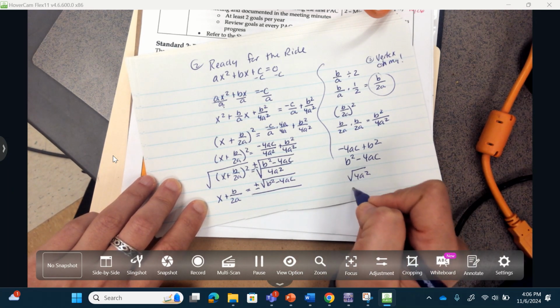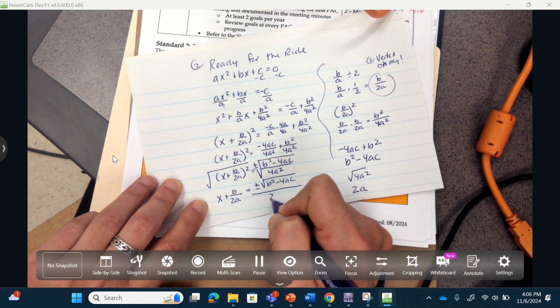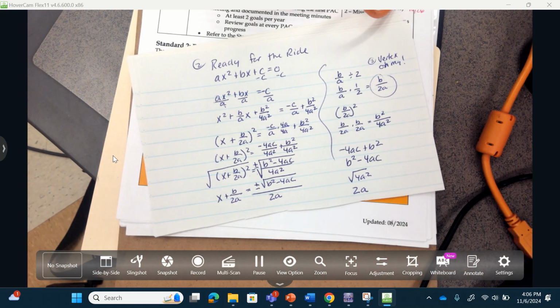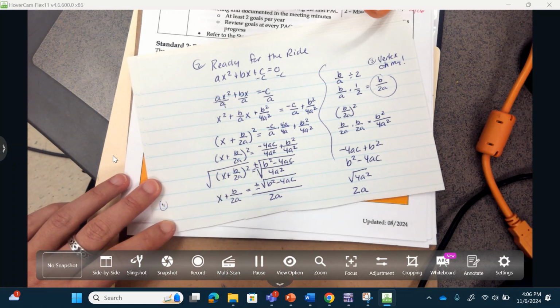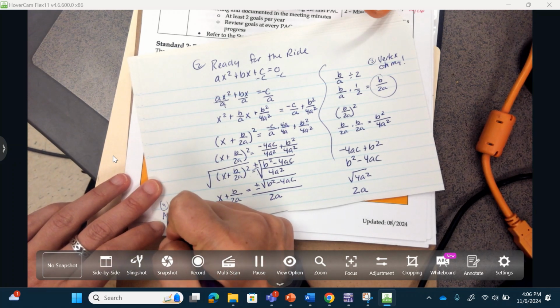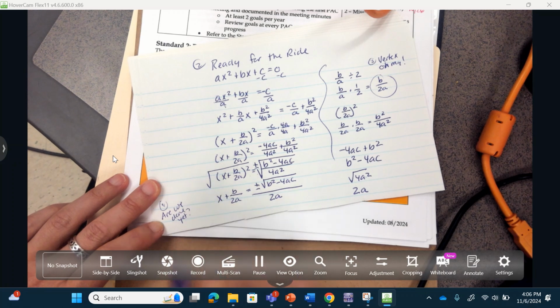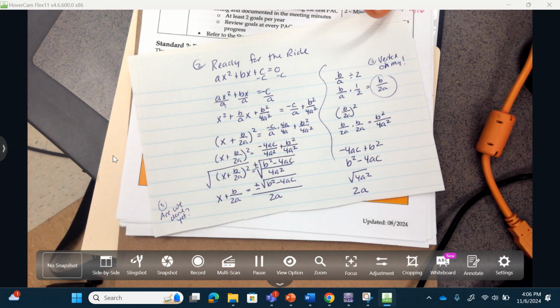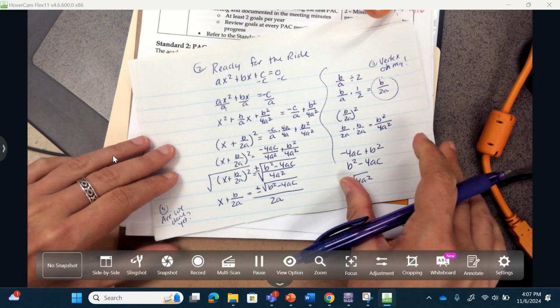The square root of 4 is 2, and the square root of a squared is a, so we get 2a. Almost done. You probably want another extra credit point in here, okay? So for your fourth extra credit point, write down the words, "are we done yet?" Okay, so basically you're writing down on the page what we're doing here.